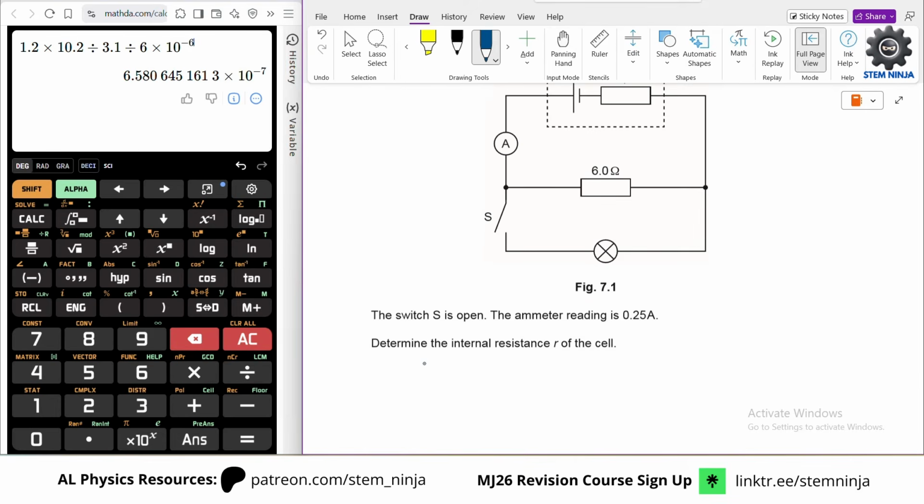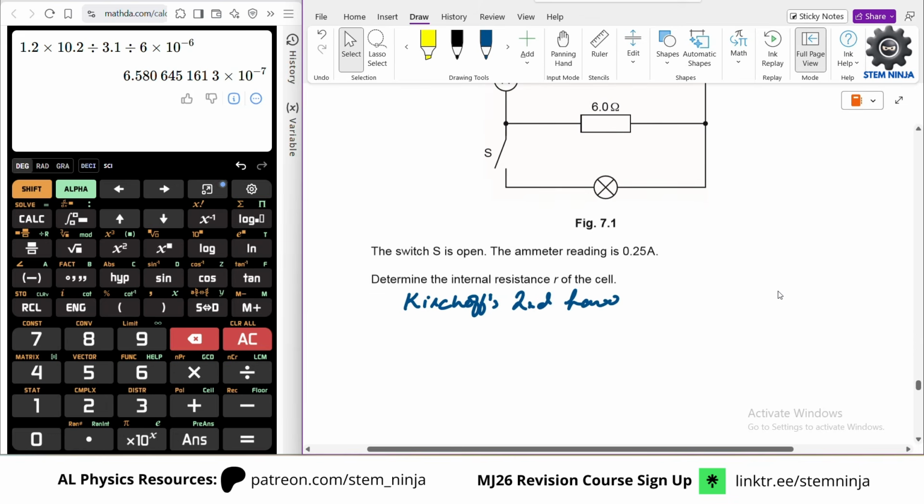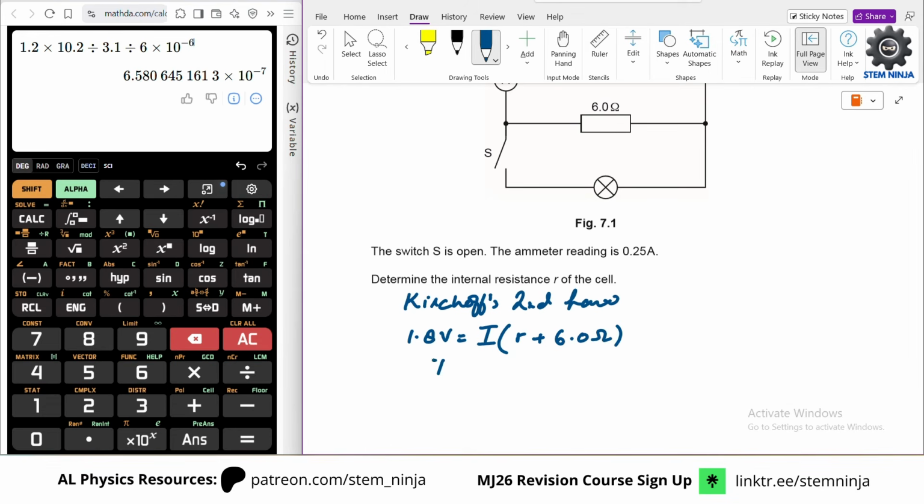Okay, so we use the Kirchhoff's second law over here. So basically you have EMF, which is 1.8 volts, equals I times R plus 6 ohms. Oh sorry, we already have 0.25, right? So, sorry, I forgot.